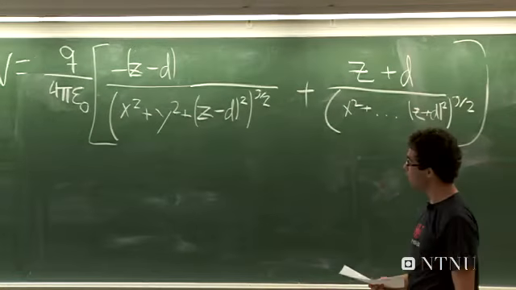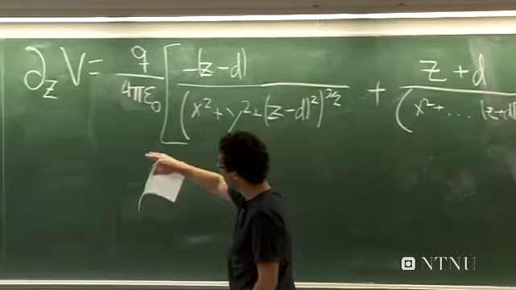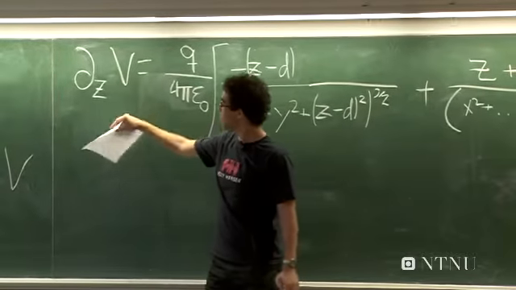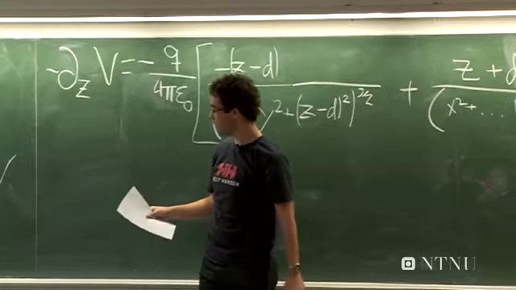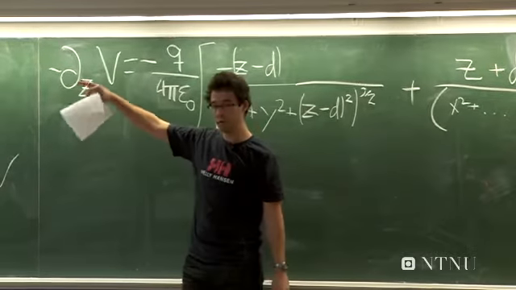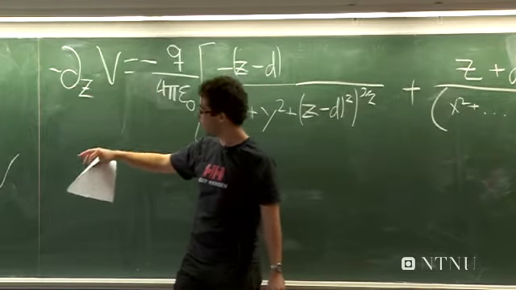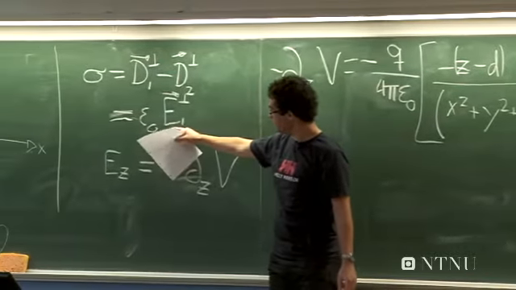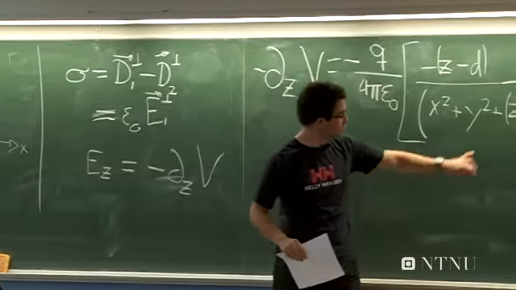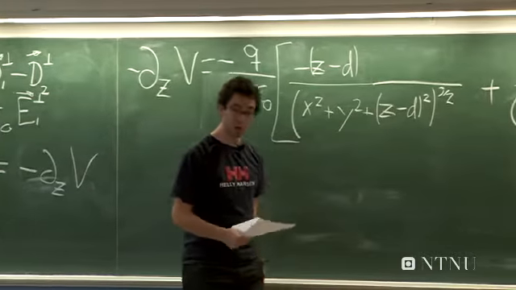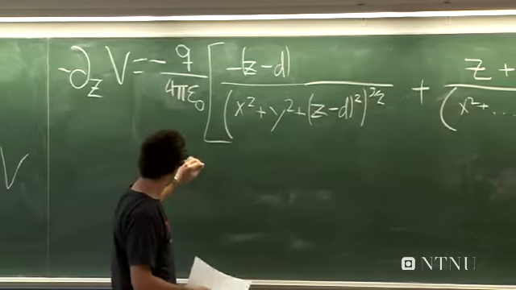Now, this is the z component of the electric field in the whole region. But I'm interested in the z component at the surface, so I'll just set z equal to 0, and then we'll get the charge density right out.